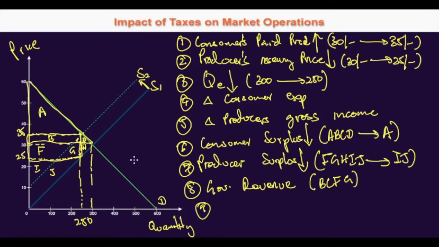And now the important point is that there is a deadweight loss. This part D and H is actually lost to the community. This has been lost.